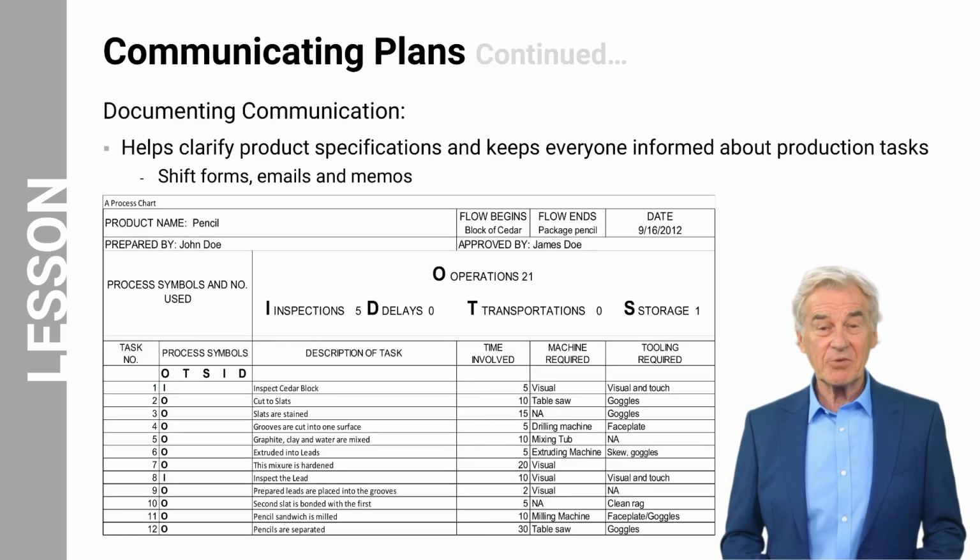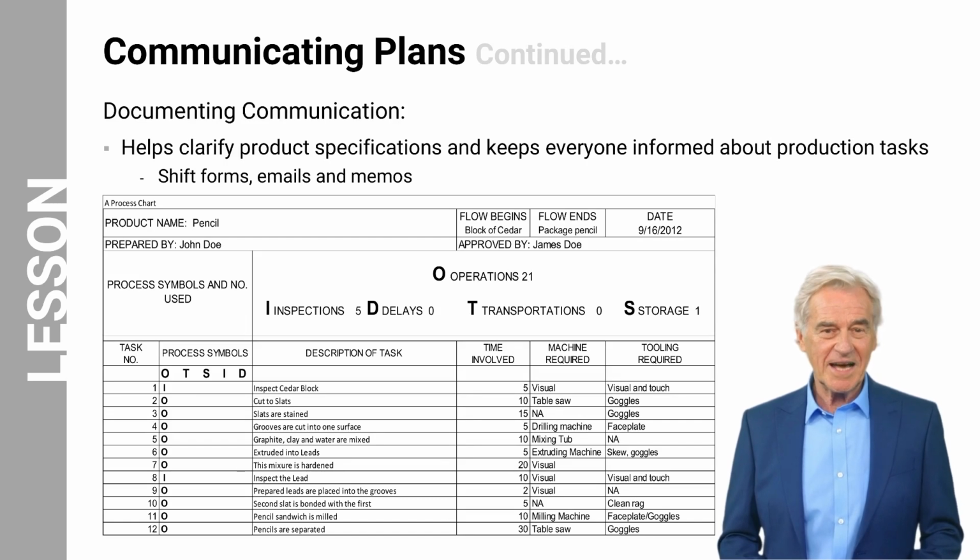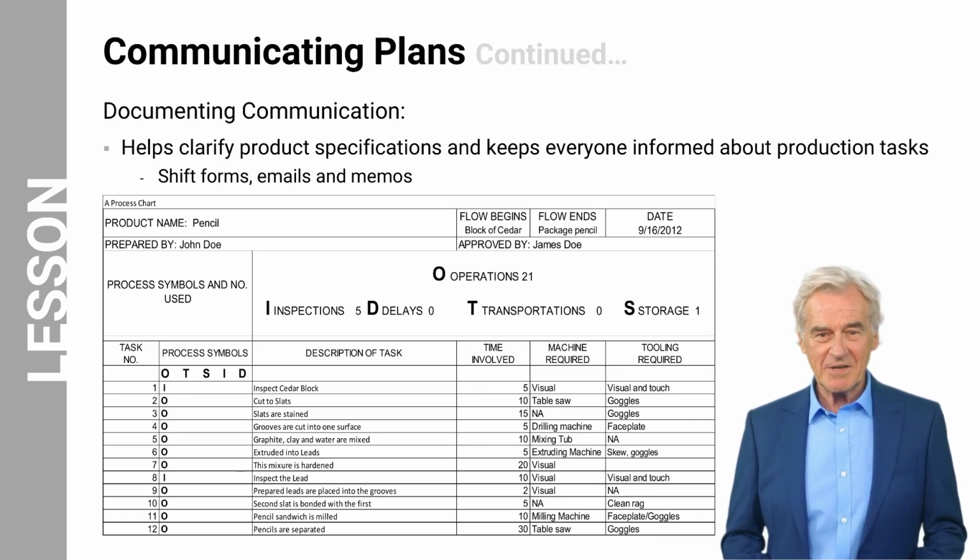A lot of process plan communication involves documentation and tracking of processes. As seen on the process chart shown here, communication is appropriately and specifically traced step by step. This not only helps clarify product specifications, but also keeps everyone informed about tasks. Other methods of documenting communication within the production process include having relevant workers from a shift sign the forms describing their work.